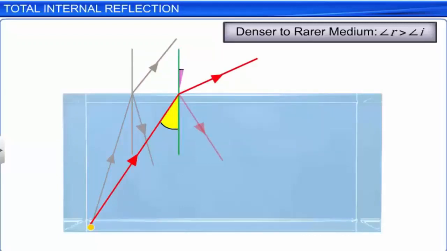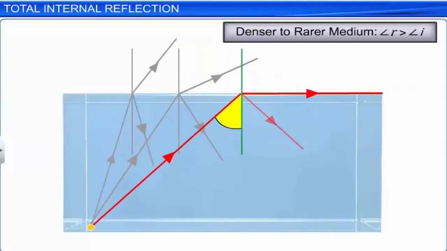If the angle of incidence of the light ray is gradually increased, then for a specific angle of incidence, when the angle of refraction in the rarer medium becomes 90 degrees, the refracted light grazes along the interface. This angle of incidence in the denser medium is called the critical angle C for the pair of media under consideration. That means if i is equal to C, then r is equal to 90 degrees.